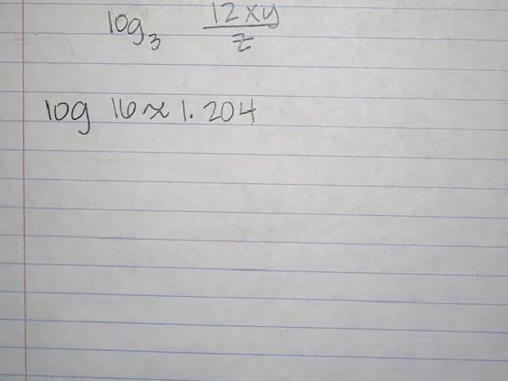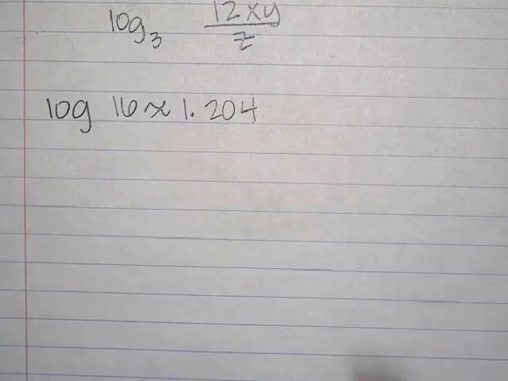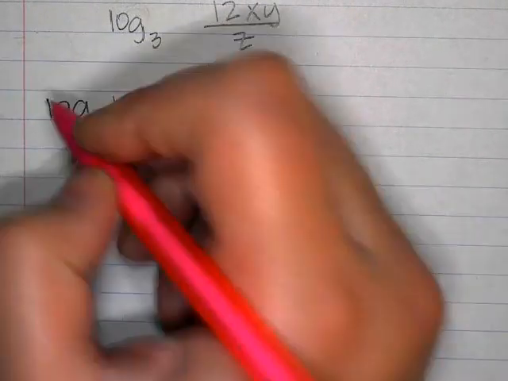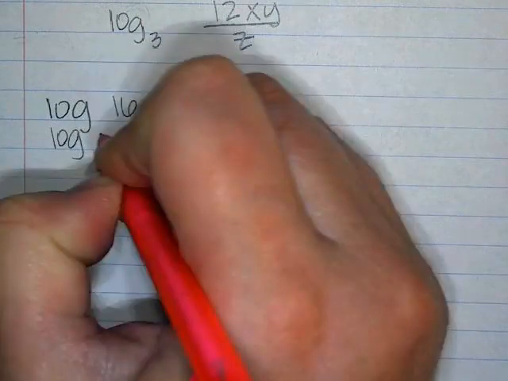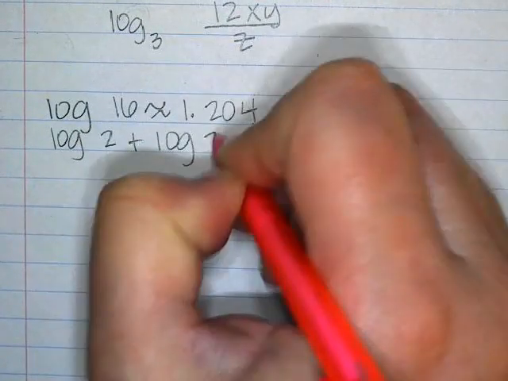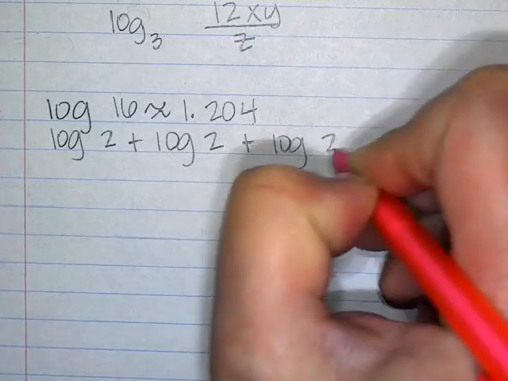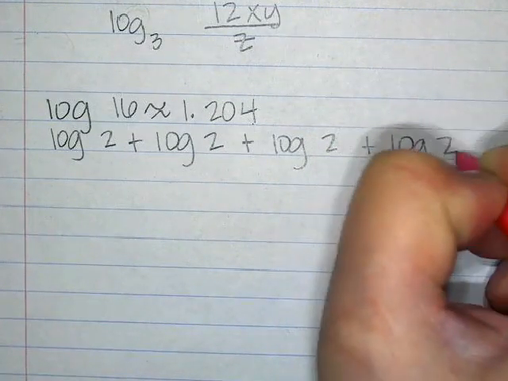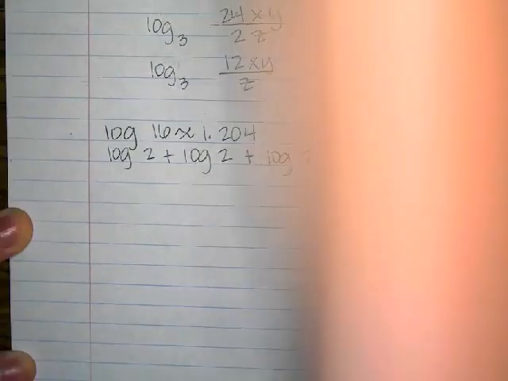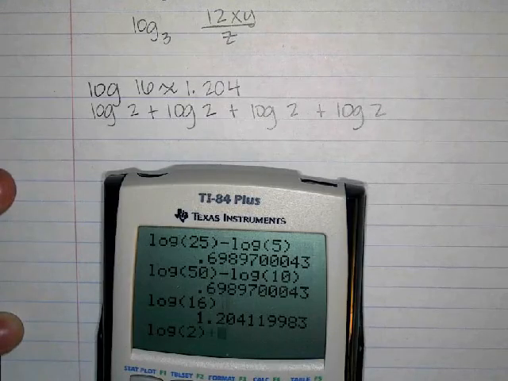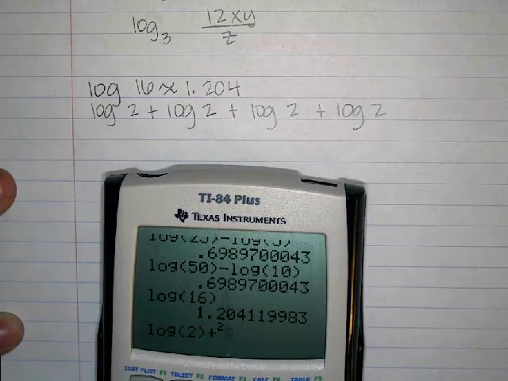So I could take this and I could find log 16 by doing log 2 plus log 2 plus log 2 plus log 2. Right? Okay. So 1, 2, 3, 4. So 2 times 2 is 4, times 2 is 8, times 2 is 16, yes. Okay, so 1.204.